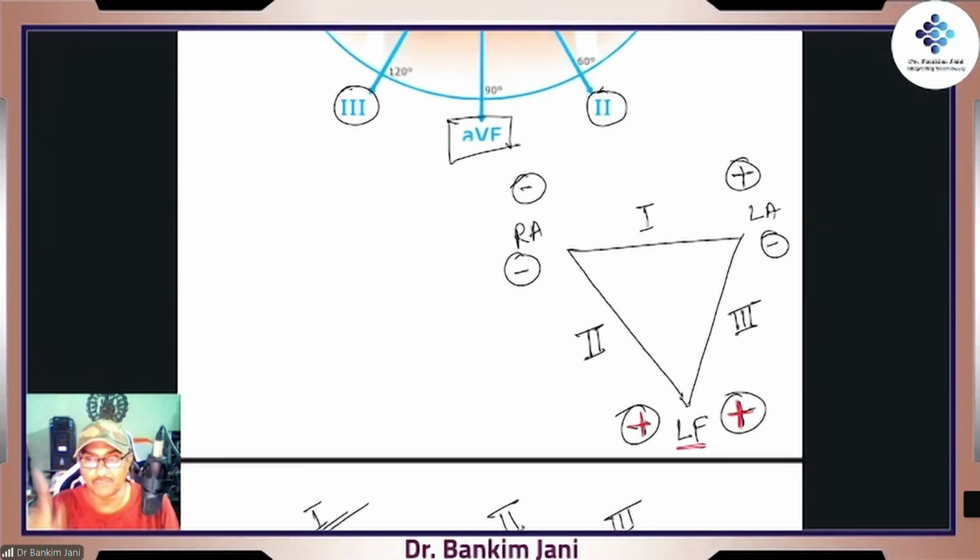Right arm is always negative. So here it is always negative. Here it is always negative. This triangle which we formed, right, where all things are, it is called as the Einthoven's triangle. It is called as Einthoven's triangle.